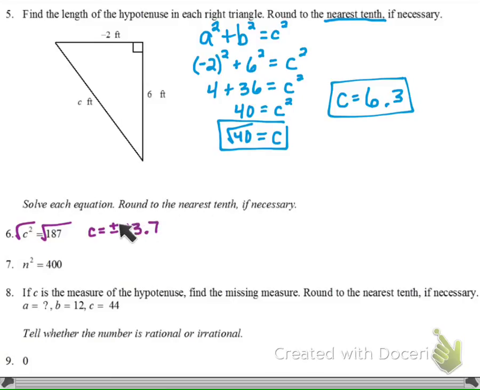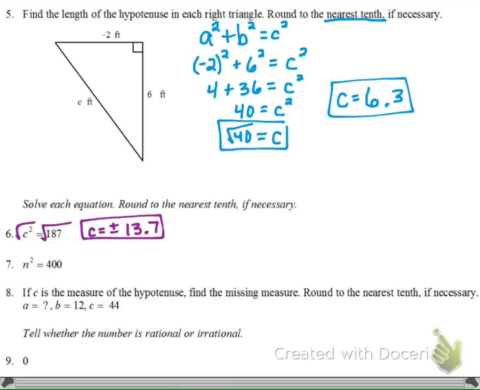Now, why did I get plus or minus? Okay, because I took the square root. The problem didn't tell me to take the square root, I took it, and so I have to take both of them. Because think about it, if you checked your answer, if you squared 13.7, you'd get 187, and if you squared negative 13.7, you'd get 187. Either way. So it's positive or negative 13.7.